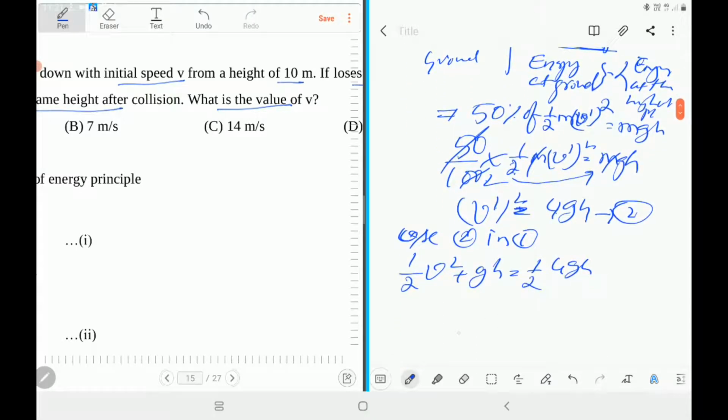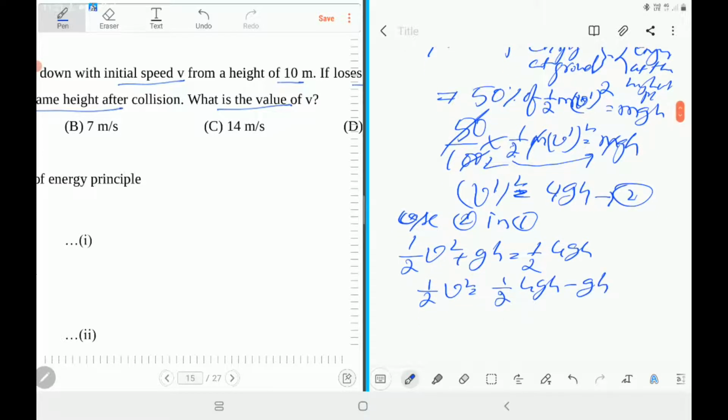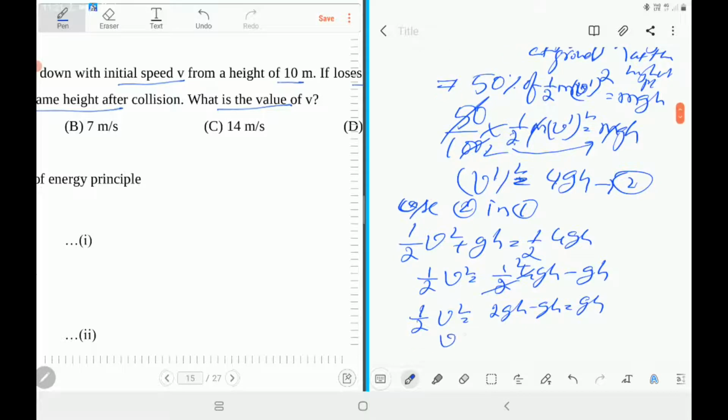Half v squared equals half of 4 g h minus g h. Half of 4 g h means 2 g h. So half v squared equals 2 g h minus g h, which is equal to g h. So the value of v squared is 2 times g h, right?